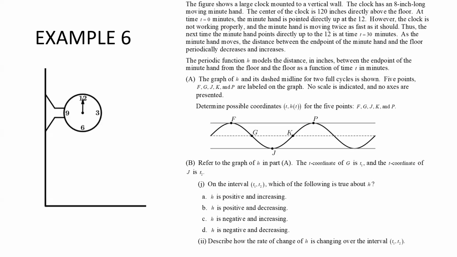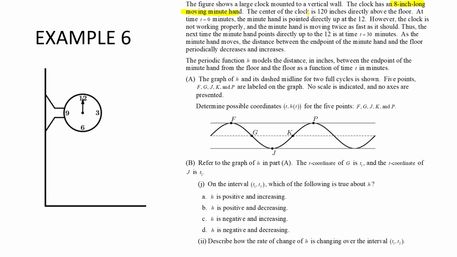All right. So there's a lot of important information here that we need to highlight and mark in the text and apply to our picture. The clock has an 8-inch long moving minute hand, which is almost its radius.